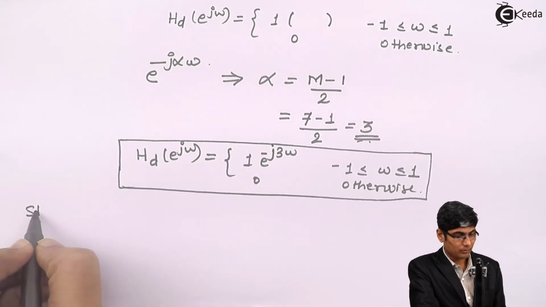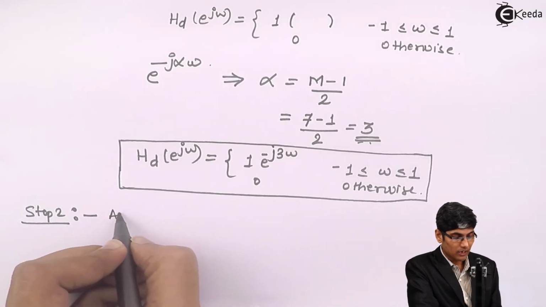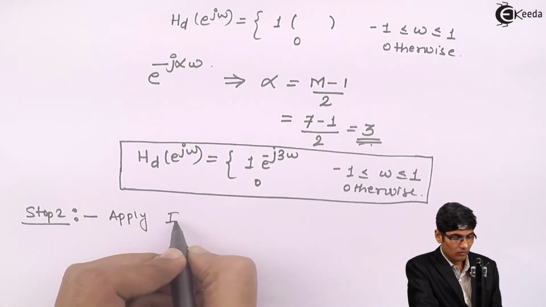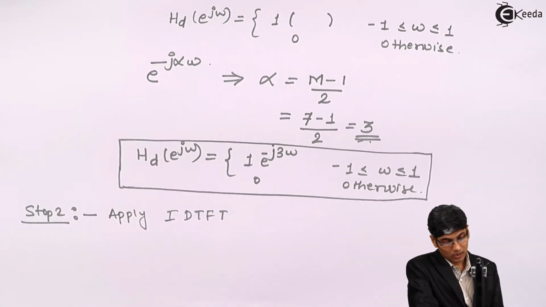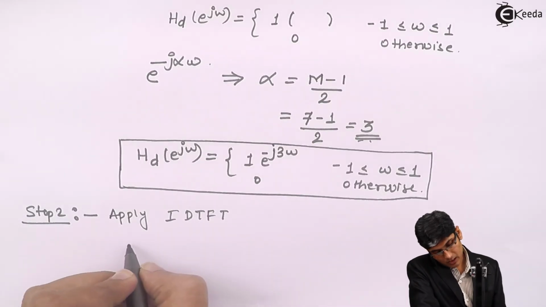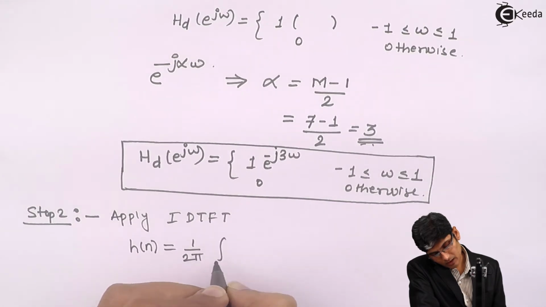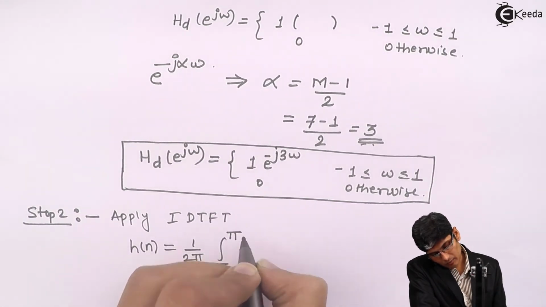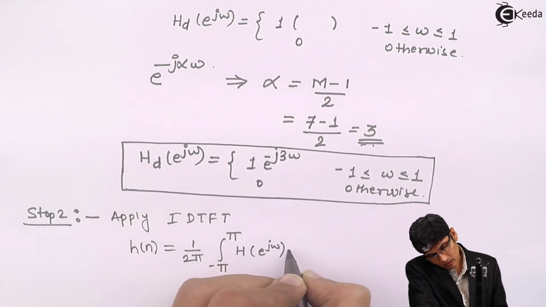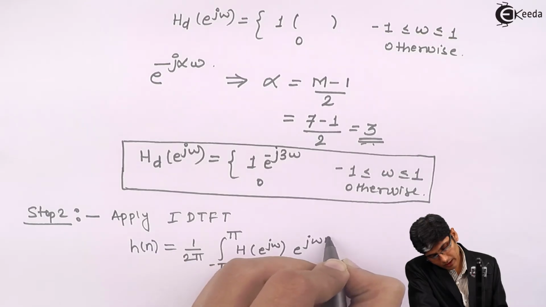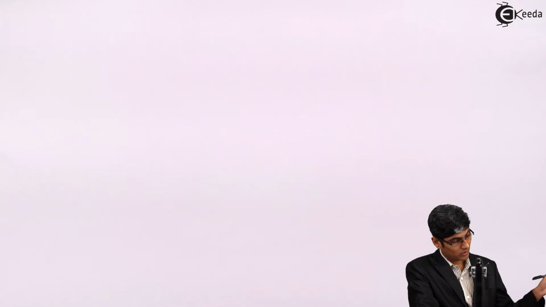Now let us go to step 2. In step 2, we have to apply the inverse DTFT. So I will apply the inverse DTFT and I will get h of n as 1 upon 2 pi, integral from minus pi to pi, Hd of e raised to j omega, e raised to j omega n d omega. Let us solve that.